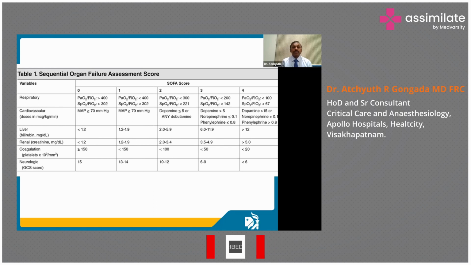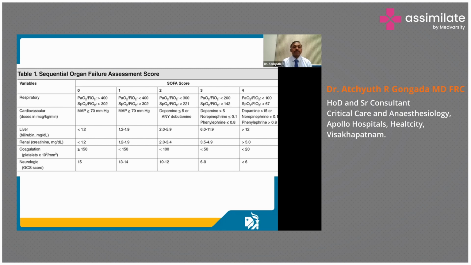In the respiratory system, we look at the PaO2 to FiO2 ratio. For doing this, we have to get a blood gas done. If a blood gas is not available, we can look at the ratio of SpO2 to FiO2. The better the patient is, the lesser the score. For a normal patient, he gets 0 in each parameter.